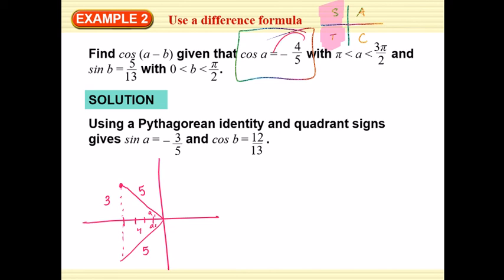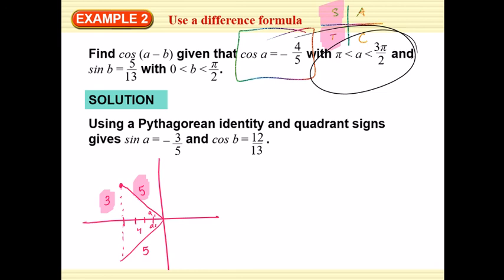So I use that 4/5 to draw out the side adjacent and the hypotenuse, and then I draw the triangle. The sine of A here would be the side opposite over hypotenuse, keeping in mind that we actually did have a domain restriction. So let's go back to the domain restriction before we conclude our answer and write 3/5.